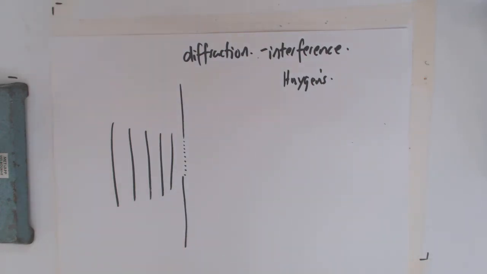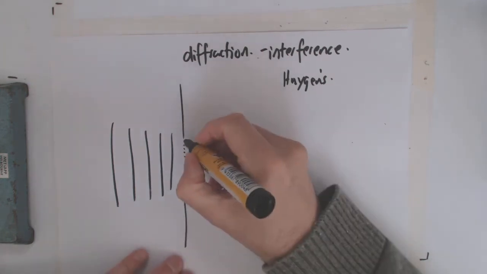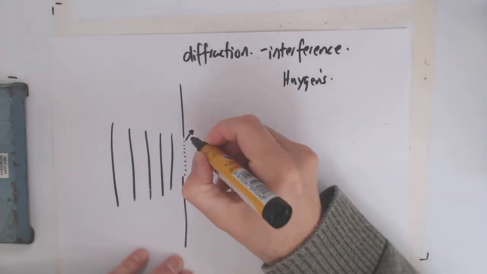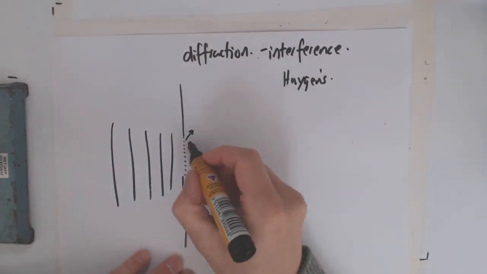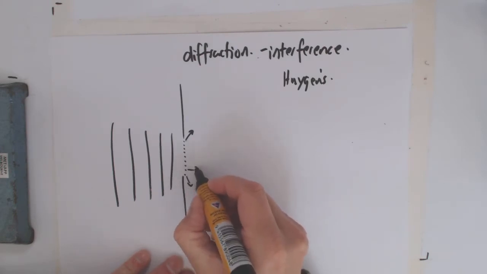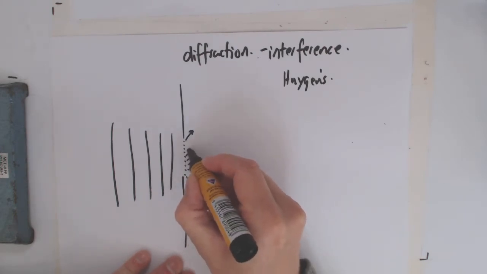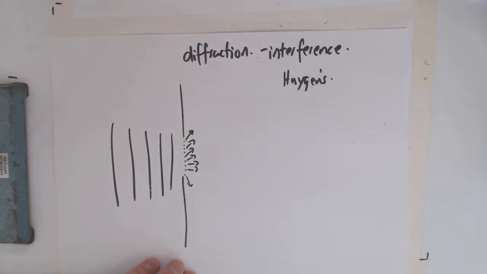And those particles have an effect in all directions. So this particle is going to affect things that way, this one that way. And so particles or waves should bend round objects with no problem, all right?